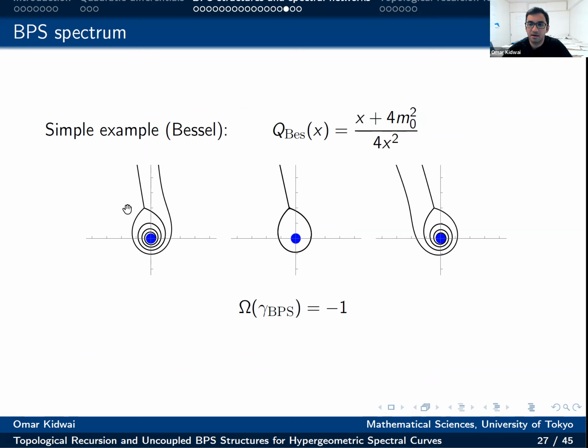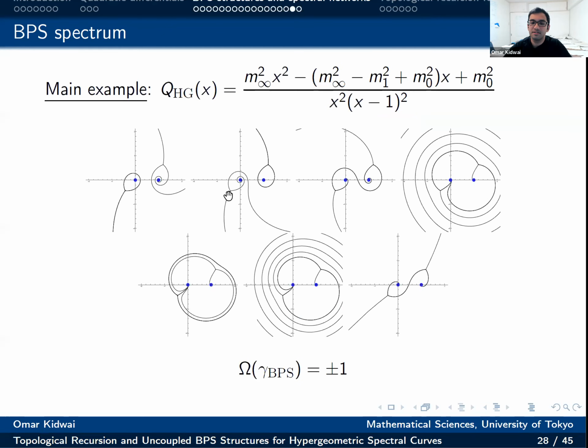We can see, for example, here for the cell, we have a single degeneration, and we give it a -1 because it encircles a pole. There's a bunch of closed trajectories in here. The main example is the hypergeometric, and so you have these 1, 2, 3 loops encircling a pole.